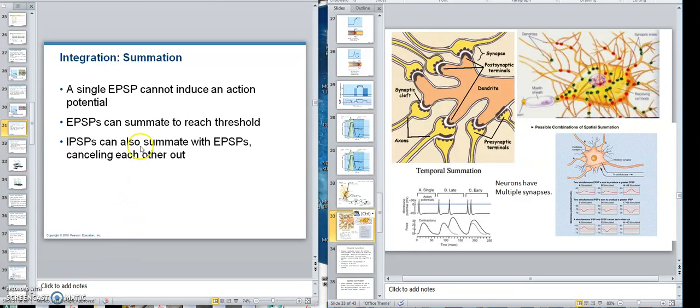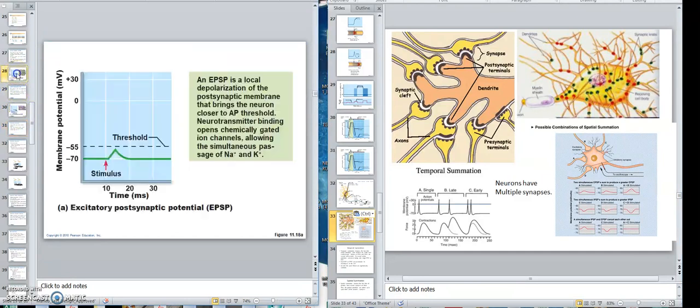All right. The first thing before we go to it, let's review EPSP and IPSP. An excitatory postsynaptic potential occurs in neuronal transmission. First of all, neuronal, not neuromuscular, neuronal.